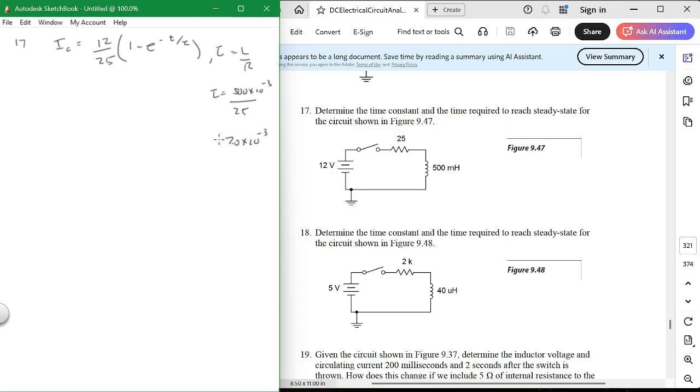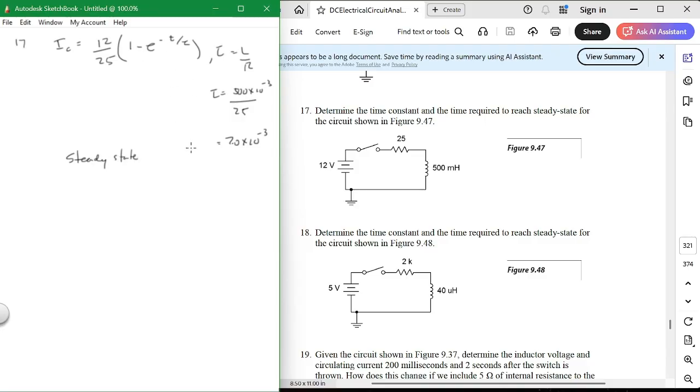Any questions so far? So I can write this equation. Now see what he says. Determine the time constant and the time required to reach steady state for the circuit. Why are they asking for the time constant? Okay, so it reaches steady state.